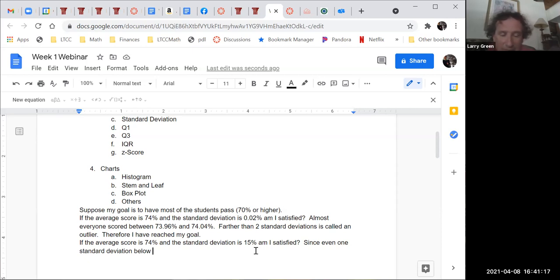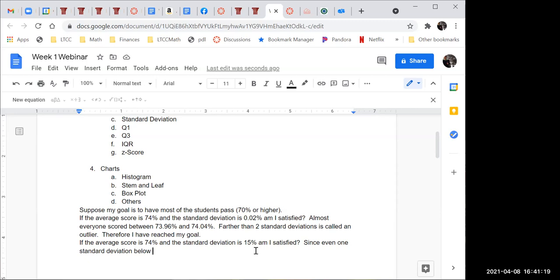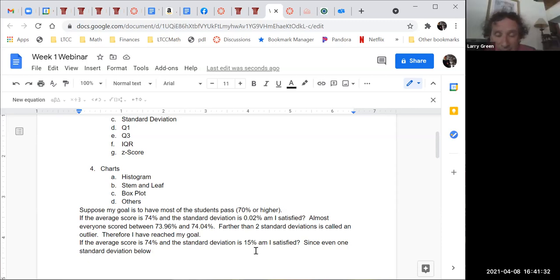Does that make sense? But if you're using more than one standard deviation, why wouldn't you just change the actual standard deviation number? Okay, so the standard deviation is the number that comes from the data, period. You can't change it. The only way I could change it is to give an easier test, I guess.